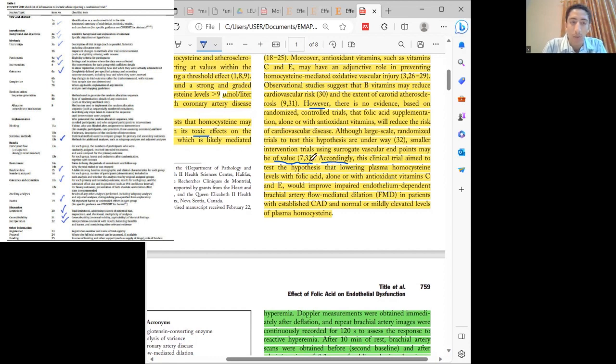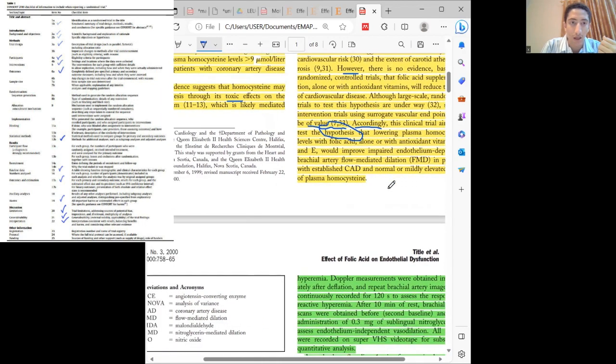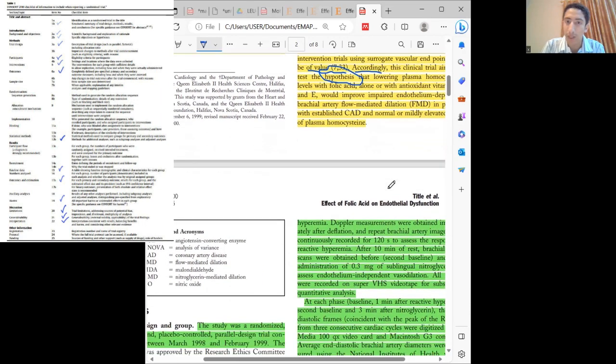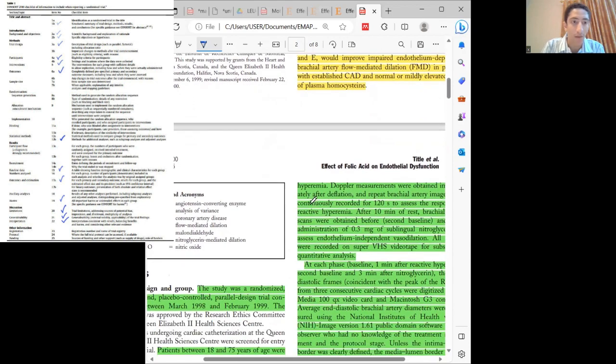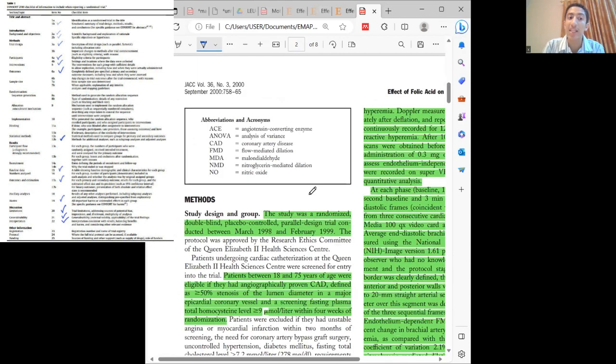So we can find the word hypothesis in this article. Accordingly, this clinical trial aims to test the hypothesis that lowering plasma homocysteine. Then we can move on to the methods.